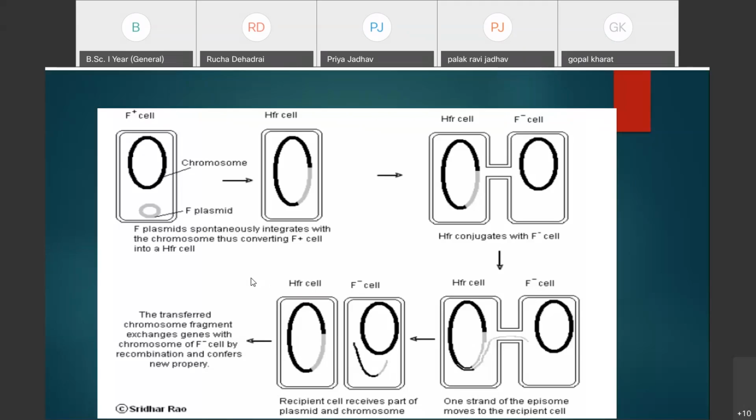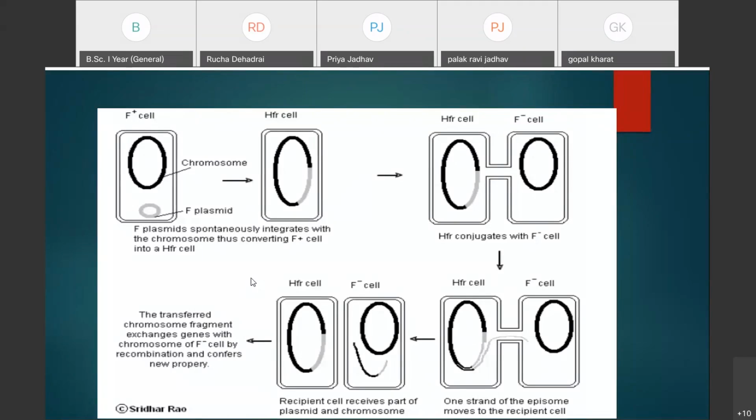Okay, here the most important thing about conjugation is that when we compare conjugation with the other two methods, transformation and transduction, a relatively higher amount of DNA, a relatively higher amount of genetic material, is transferred in conjugation.